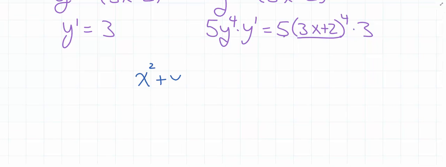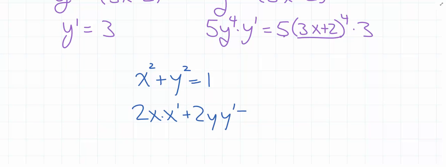We've got x squared plus y squared equals 1. Now, we know that x and y are both functions of t, let's say. Well, now, that being the case, we have to apply the chain rule to both. We have 2x times x prime, where x is some function of t, plus 2y times y prime, equals 0.